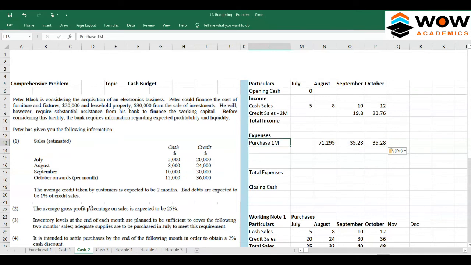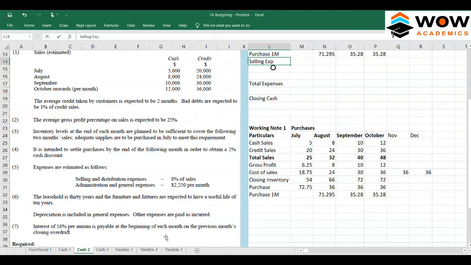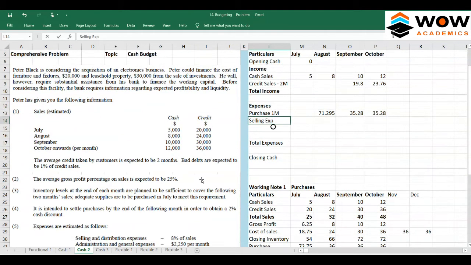So the next item here, from here on I think it's quite easy because we can find out the expenses. So we have one expense called the selling expense. So these expenses are paid in the same month. So 8% of sale.